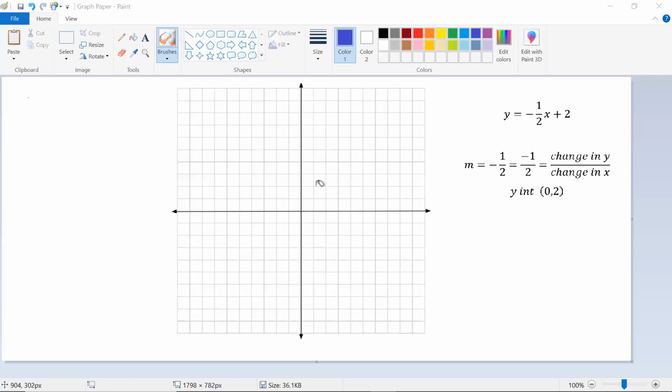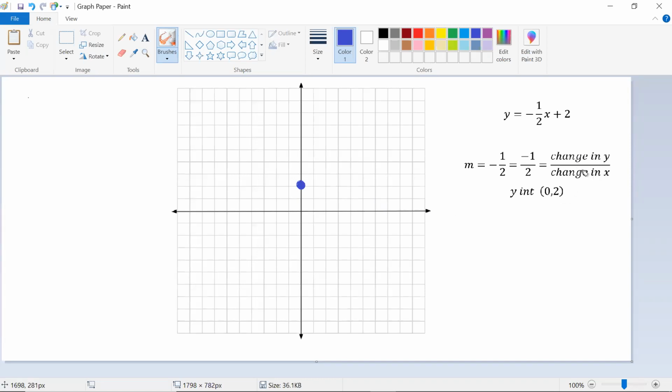We have our grid paper. Again, we start at the y-intercept of (0, 2). (0, 2) is right there. So we draw a point. Let's actually make that point a little bit bigger just to emphasize what's going on. So there's our point, (0, 2).